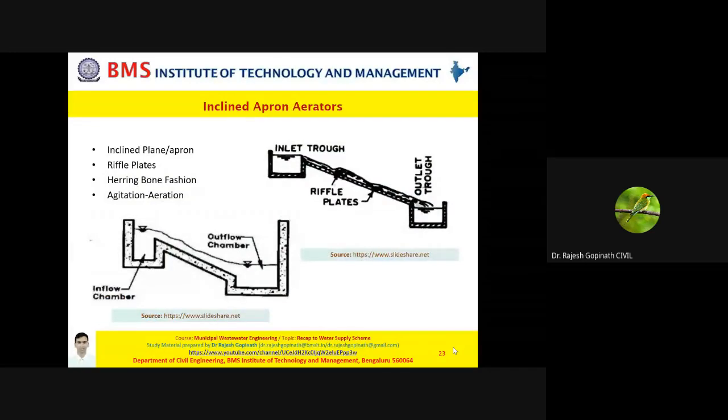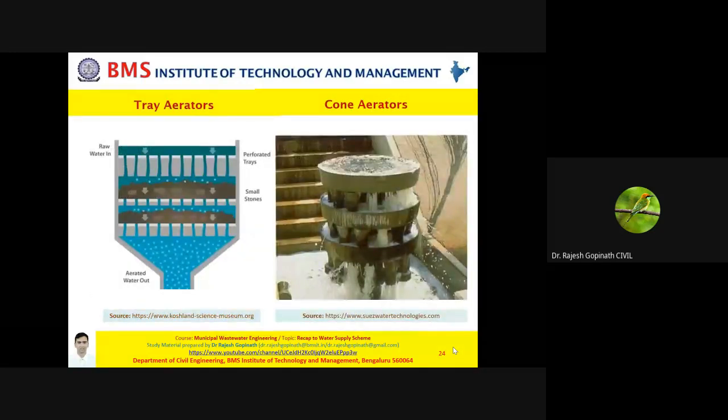Now, the other classification or type that you have learned is the inclined apron aerators. Again, it depends. If you have riffle plates, the intensity of aeration improves because you allow a vertical jump. You allow the water to jump. Now, this is the next type of aerators, wherein you have tray aerators and cone aerators.